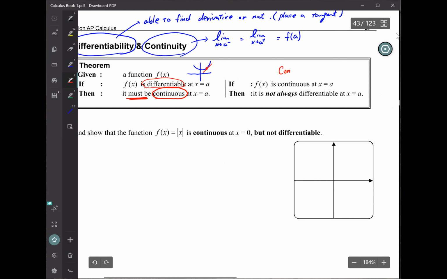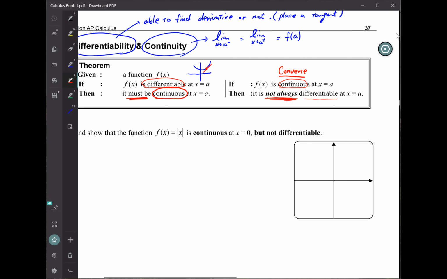However, the converse, let's write it here. This is called the converse. If I want to go backwards, continuous does not guarantee differentiable. So that's what I'm saying here. If f of x is continuous, it's not always differentiable. Sometimes differentiable, sometimes not. So there are rare cases that don't guarantee differentiable.